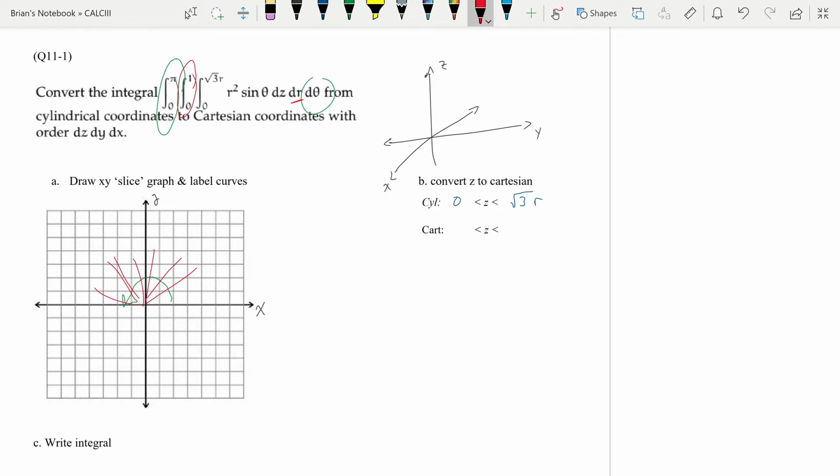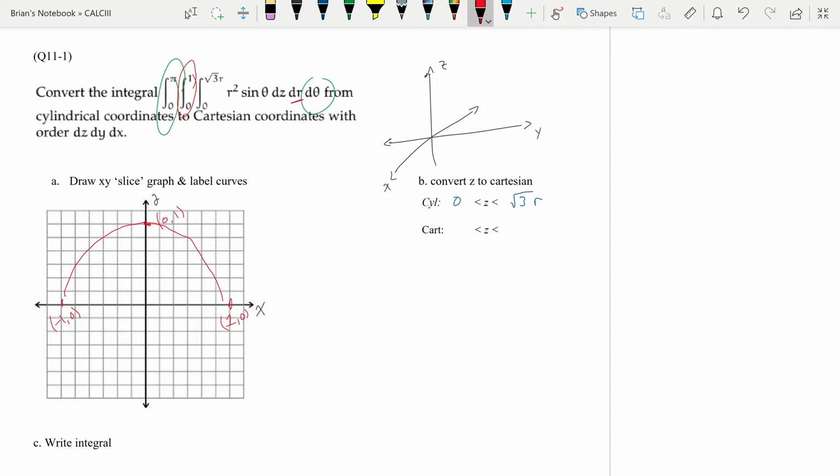So our region looks like, say we say 1, 2, 3, 4, 5. Let's say that's 1. There's 1, right? That's 1, 0, 0, 1, negative 1, 0. Got a nice big arc like that. So that's our XY level curve.